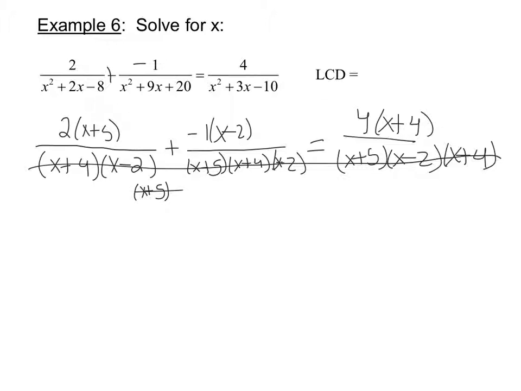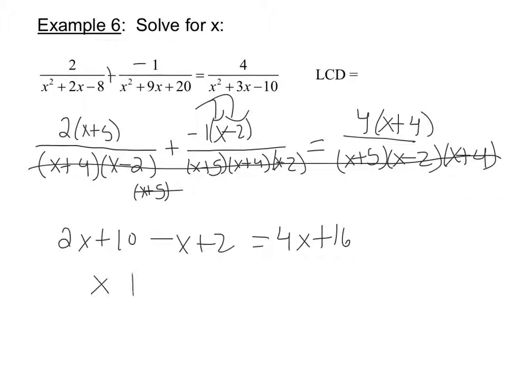Get rid of it. So you have 2x plus 10 equals, not equals, minus x plus 2, because distribute to both, equals 4x plus 16. So I would have x plus 12 equals 4x plus 16.